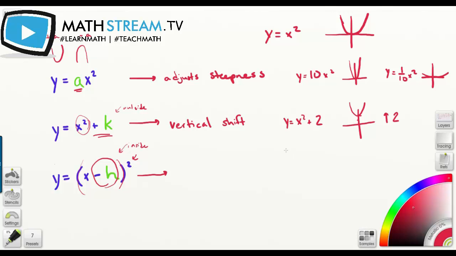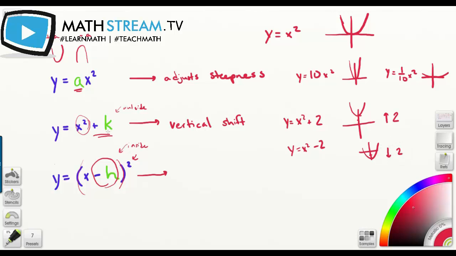On the other hand, if I had y equals x squared minus 2, I would take my parabola and I'd adjust it down 1, 2. Same shape, but I move it down 2 units.